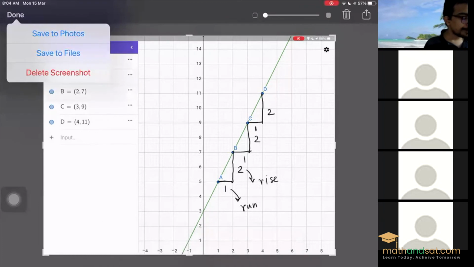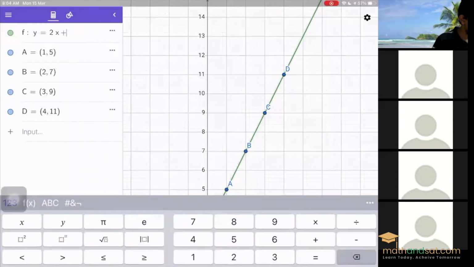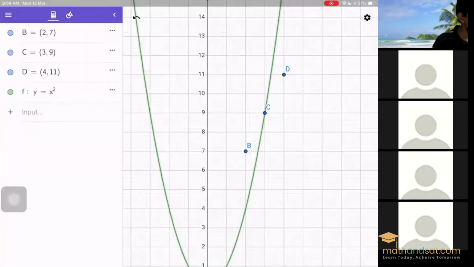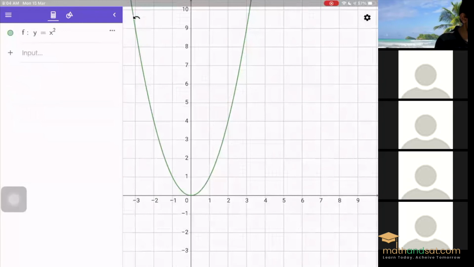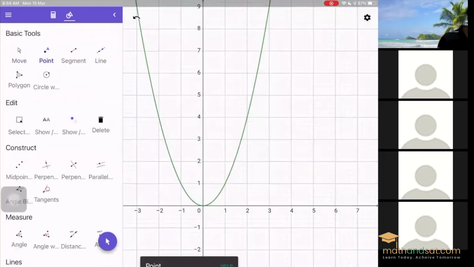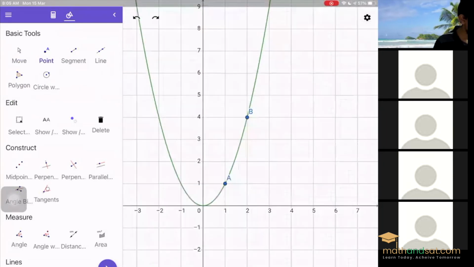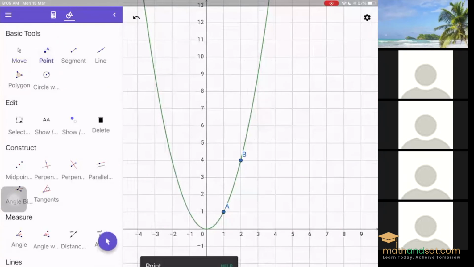For example, if we have something of the form y is equal to x squared, and suppose we take some points on the graph, take a point here, take a point here, take another point here. See this example.